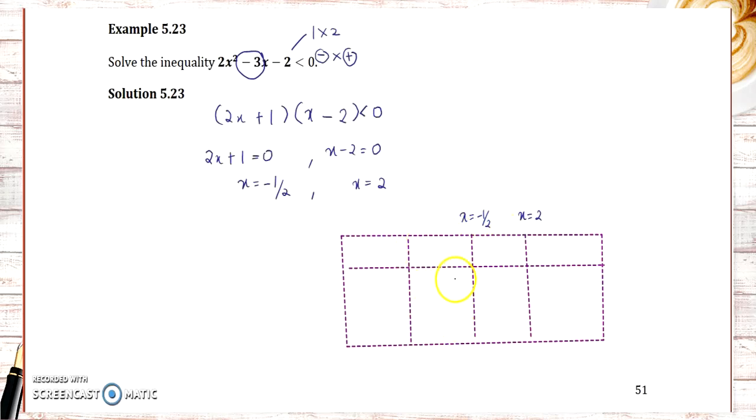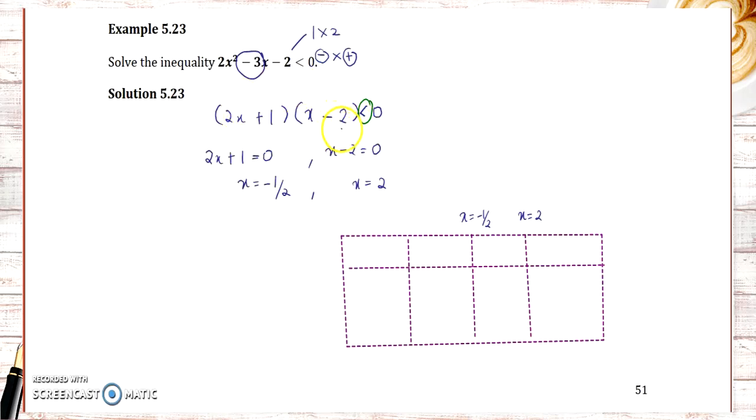This column is all x less than negative 1 over 2. How do we know whether we must include negative 1 over 2 or not? It depends on the sign of the inequality. Here we have the sign strictly less than, which means we cannot include 0. This value, negative 1 over 2, gives 0 to the left hand side, but we want all values less than 0.